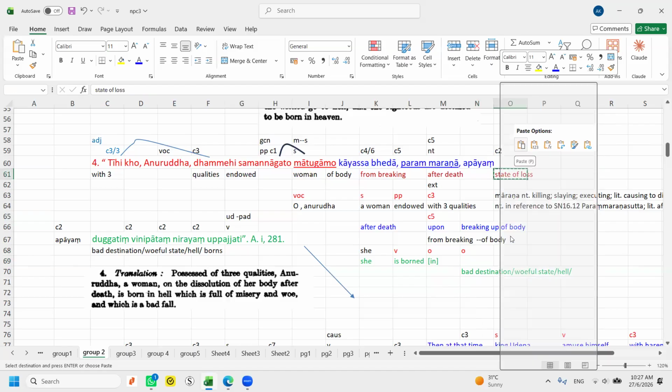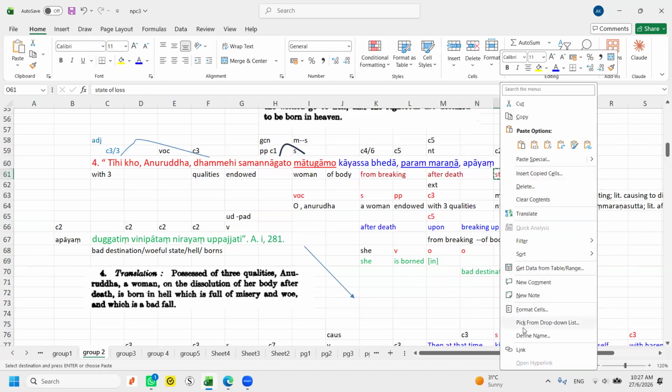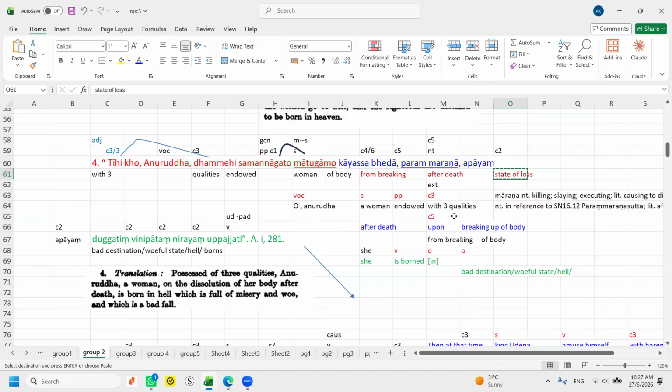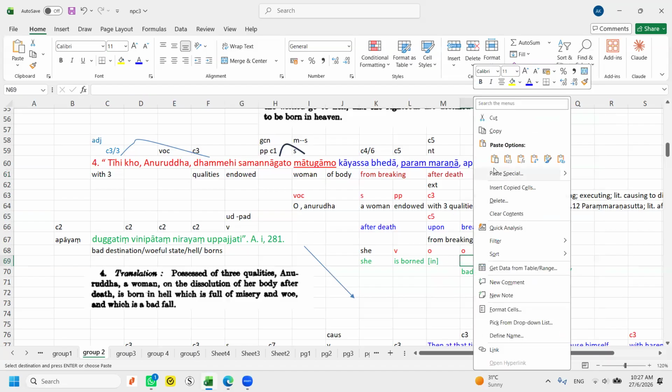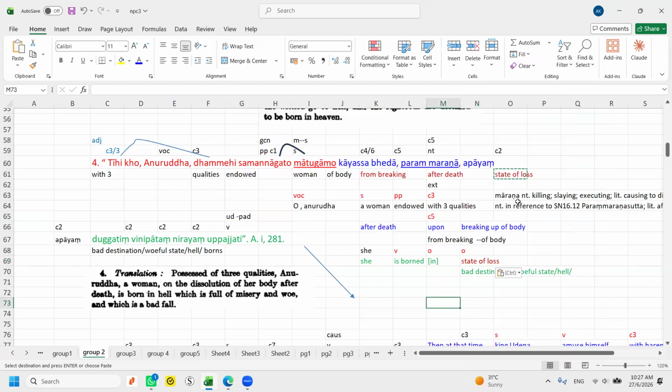So that means she is born in a state of loss. Then duggati, bad destination. Vinipata is a woeful state. Niraya is a hell.